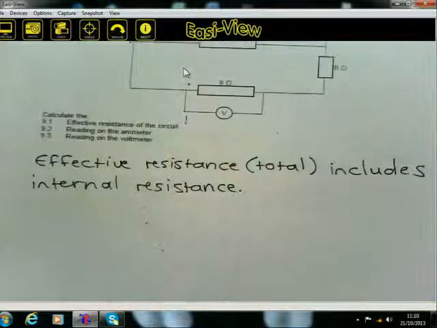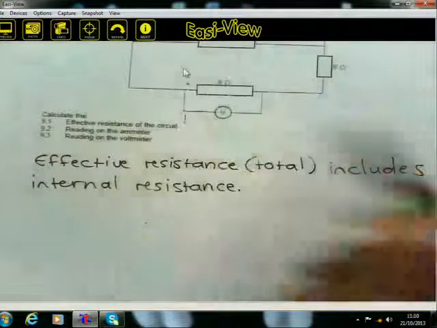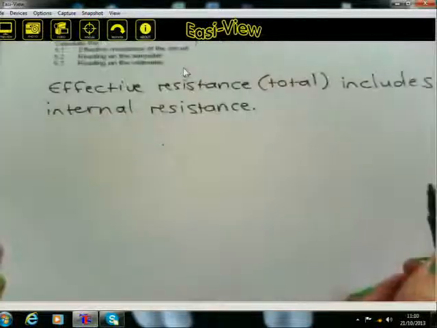It's very important to know that the total effective resistance of this circuit will include the internal resistance. So if we go and calculate this, firstly we must calculate the parallel part. So let's quickly do that.